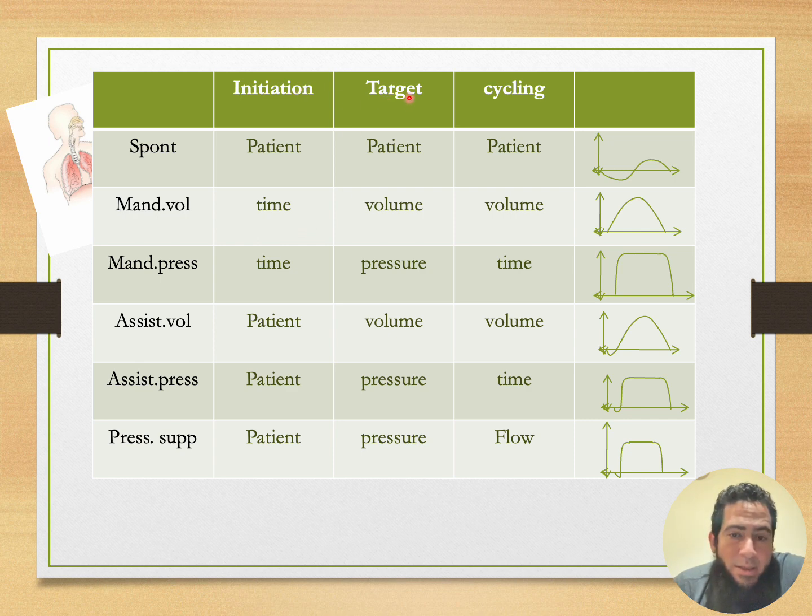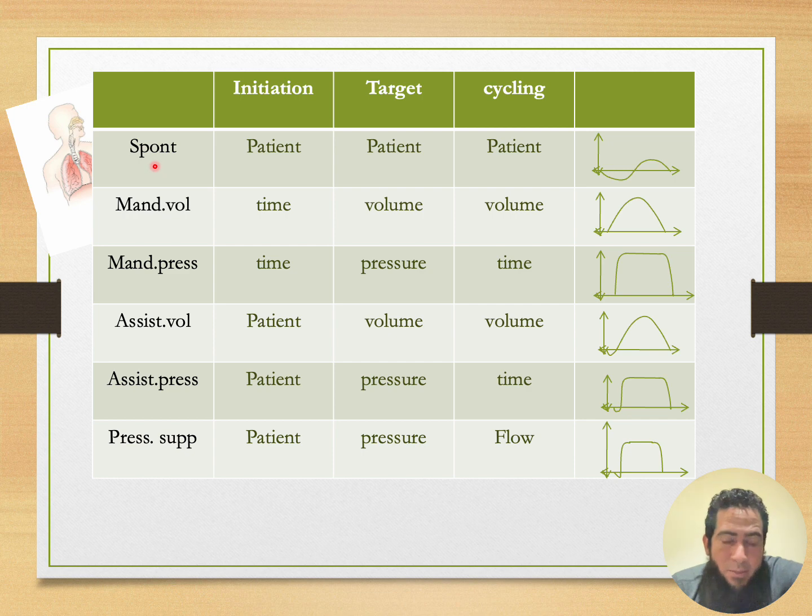The target is what exactly we want to achieve by this breath. Is it a certain volume? Is it a certain pressure? And the cycling mechanism is how the breath stops inspiration and starts expiration. So: initiation, target, and cycling.